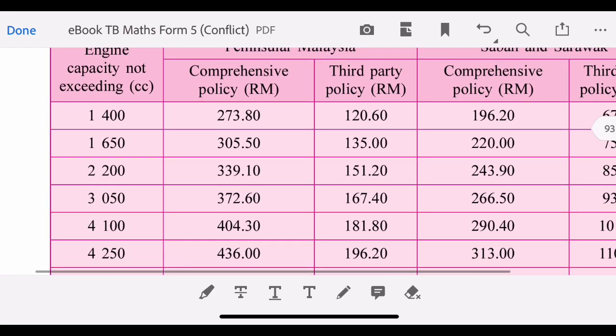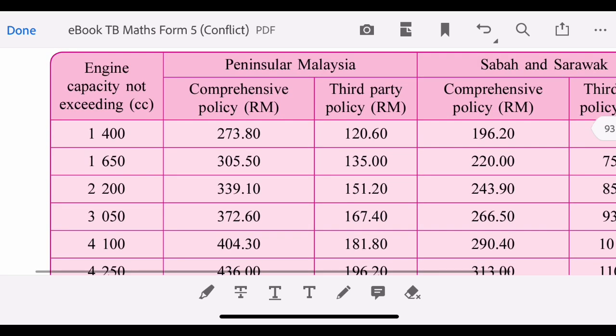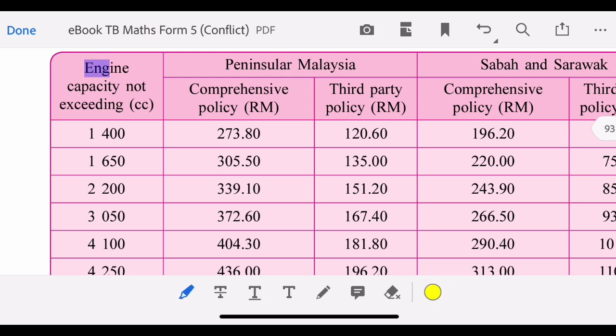So let's study the factors. We have different types of engine capacity, right? If the engine capacity is not exceeding 1400 cc, then for Peninsular Malaysia, the comprehensive policy is 273.80. For third party policy it is 120.60.